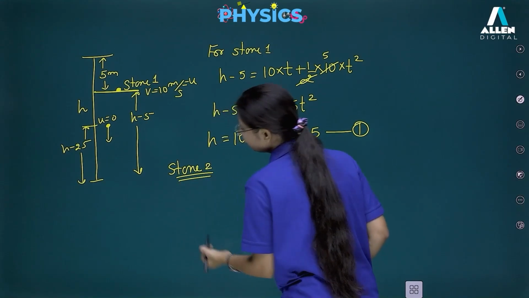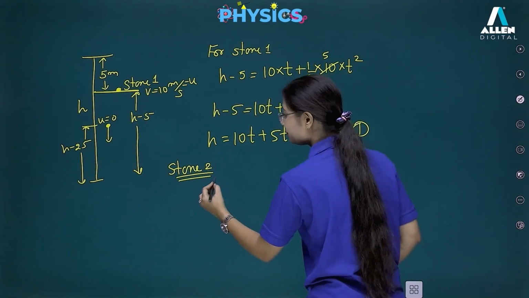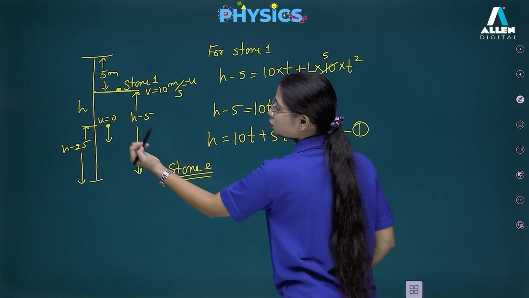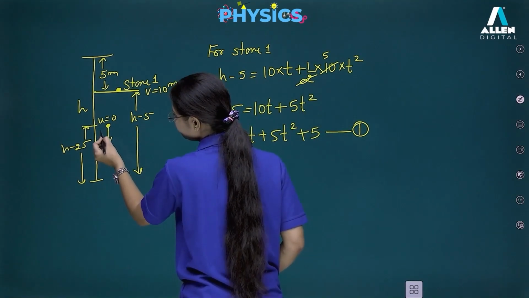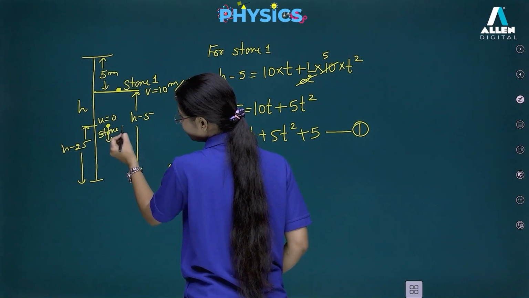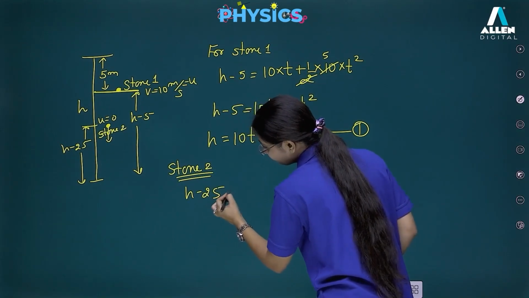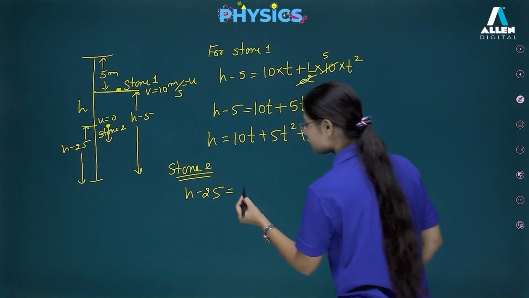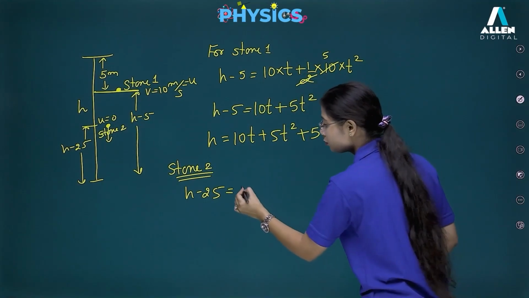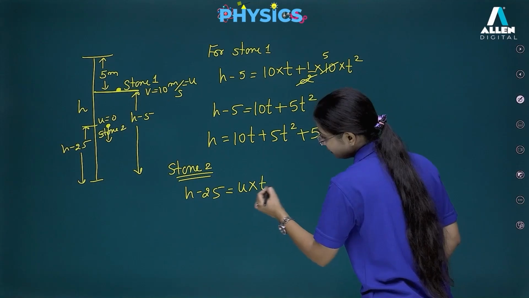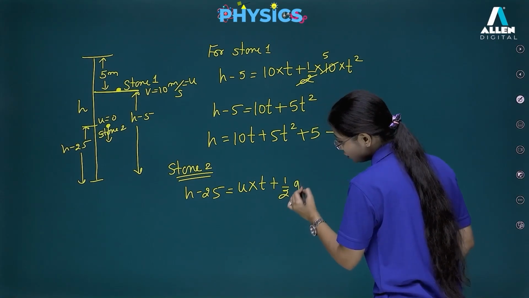Now for stone 2, we will apply the same equation, but here the distance covered by the stone 2 is, this is stone 2, so its distance is h minus 25. It is dropped, so its initial velocity is 0. So ut will become 0. So ut plus 1 by 2 gt square.